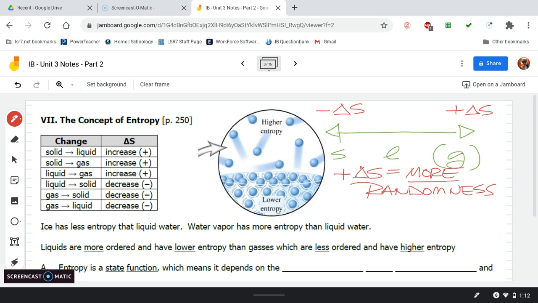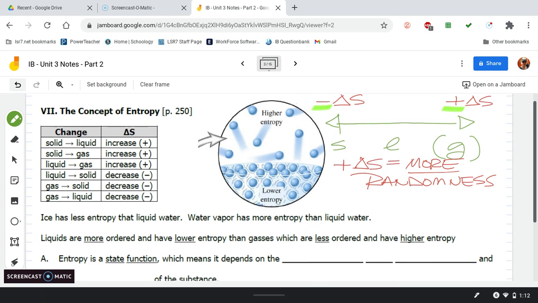If you look over here at the chart, going from a solid to a liquid, the liquid is more random, so you're going towards the plus sign. That's where we get the positive delta S. You can do it with any of the changes in states of matter, and this allows you to predict the sign, maybe not the number, but the sign of delta S without doing any math or having any numbers.